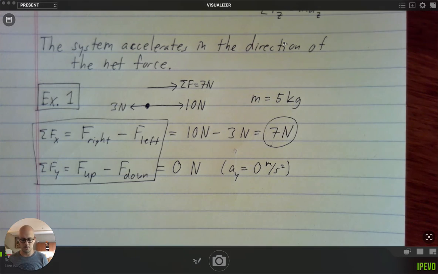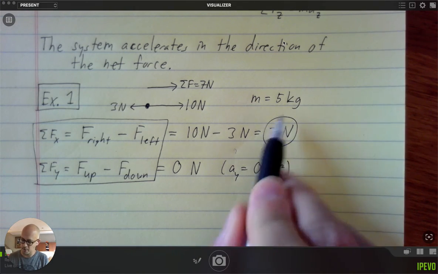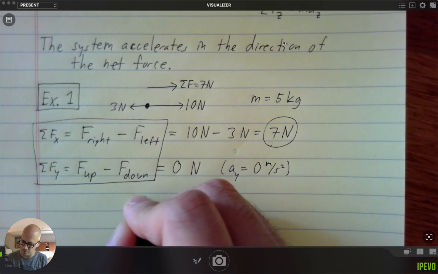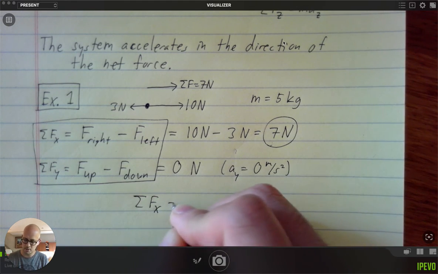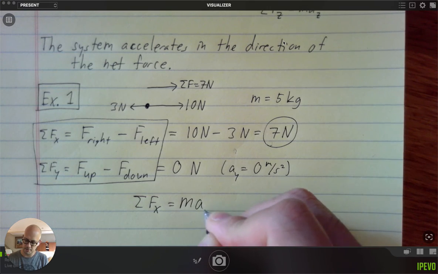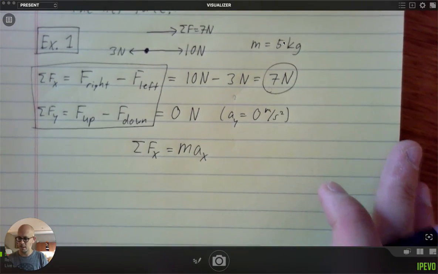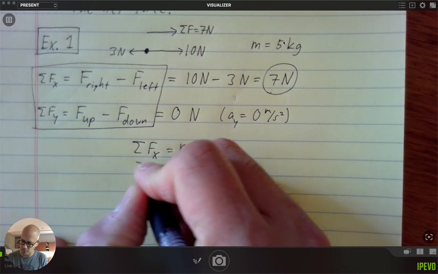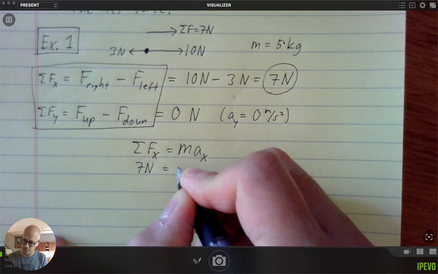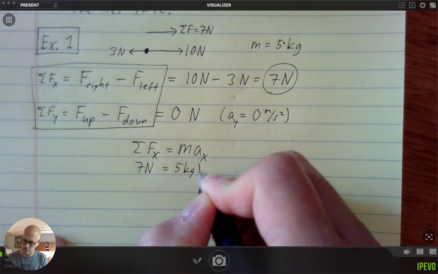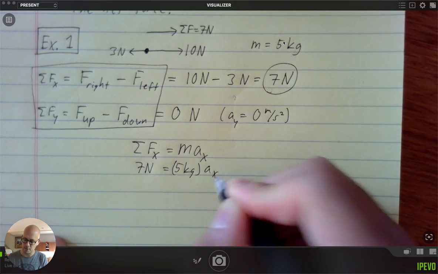So what can we do with this information? Based on this information, we could say net force in the x direction equals mass times acceleration in the x direction. And so we can now fill in 7 newtons equals 5 kilograms times the acceleration in the x direction.